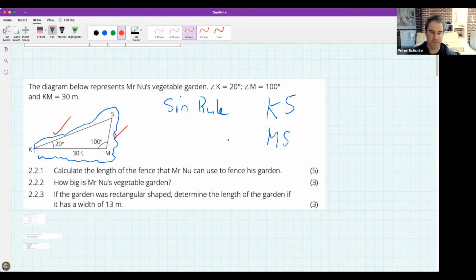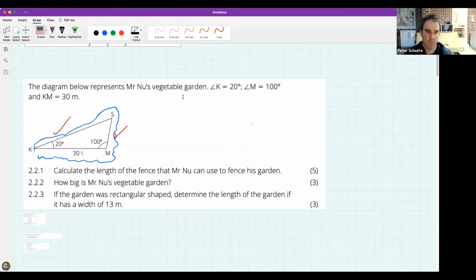If you have a question, you can raise your hand in the chat, but I want you to fly a little bit more solo tonight, unless it's your first lesson, in which case, obviously, I understand you're still in the process. So get me an answer for the perimeter of the garden. See what you can get me.